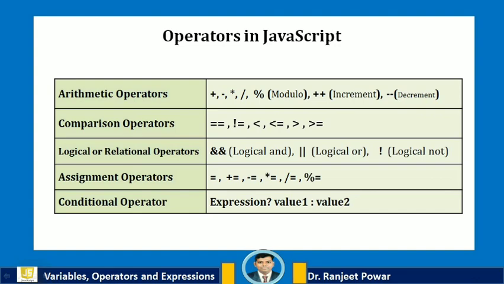The first part is a logical expression which evaluates to either true or false. The second part is the action the browser must take if the logical expression is true. The third part is the action the browser must take if the logical expression is false.